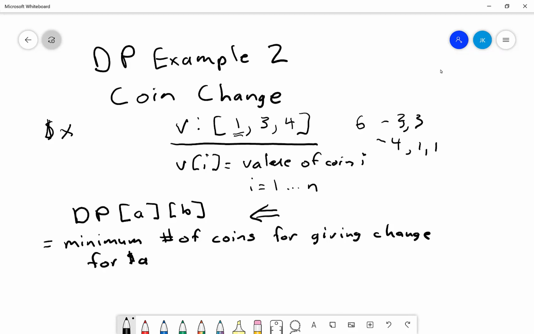So we assume that I have $a that I want to give change for, with denominations of coins from 1 to b available.